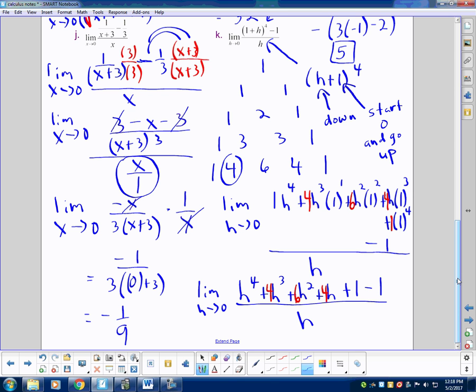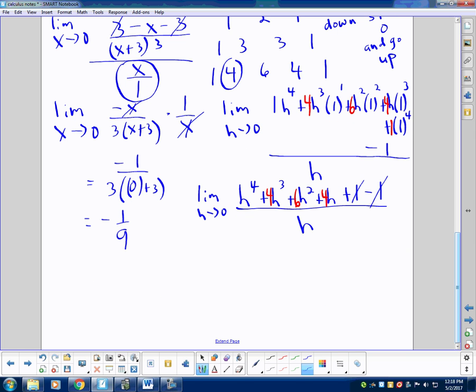Now, nothing is canceled out yet. But here I have a positive 1 and a negative 1. That cancels out. That's a start. What else is going to cancel out up here? So limit as h approaches 0.